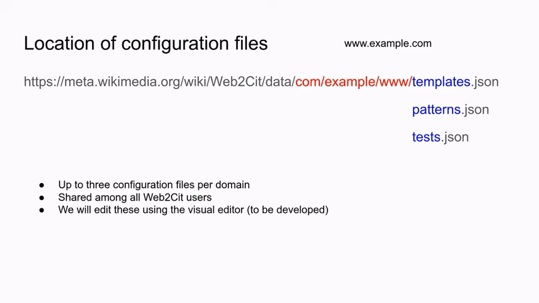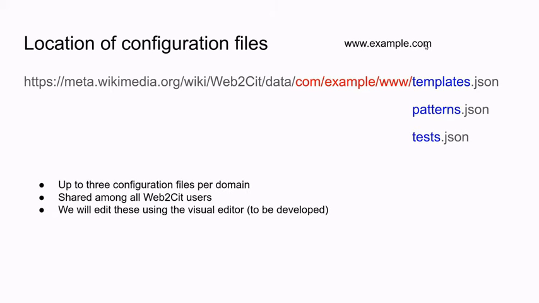Where are these files stored? How can we go and edit them? They are stored here at Meta, specifically in this subdirectory, Web2Cit/data. And for each domain, for example, imagine we have www.example.com, the path for the configuration files is in the inverse order.